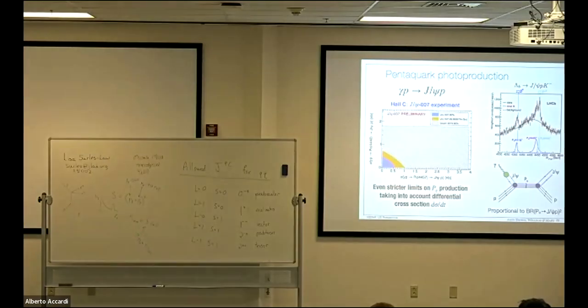There's another plot here from one of the other experiments in Hall C that's even planning to run an extension of this experiment coming up, where they measure the contributions down to sub percent levels for the branching ratios. So the short answer is, if we are producing pentaquarks like this at JLab, the coupling is so small that we can't see them, and it's tough to reconcile that with the way they were observed at LHCb.